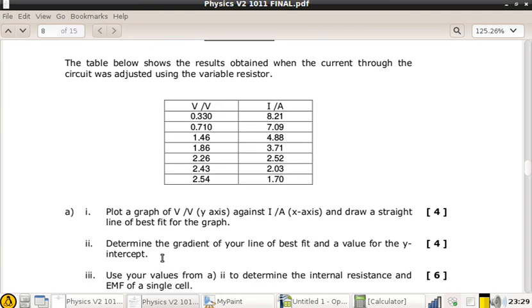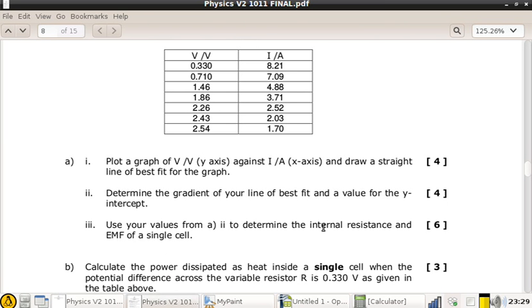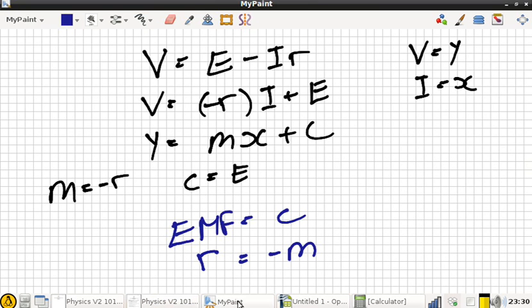So the next part of the question, use your values to calculate the internal resistance and the EMF. Well, that's done. EMF is the C and the internal resistance is the minus M. So I'll just write those numbers in from our graph.